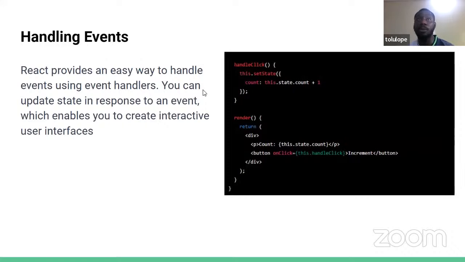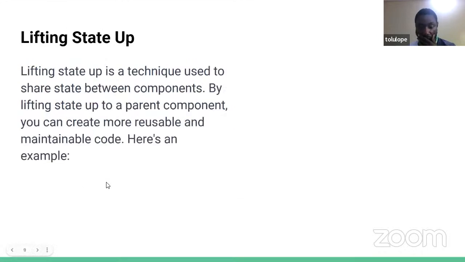If you are familiar with Vanilla JS, you have something like onClick: you pick your DOM element, you target it, then you add the event listener. That's what this onClick is doing. It's adding an event listener to this button. Anytime you click it, it calls this function, and all this function does is increment the count. If your own is not incrementing, maybe your own is printing out something like welcome to Bincom. It can do that also. It just depends on what you want. So yeah, moving on. Next slide.